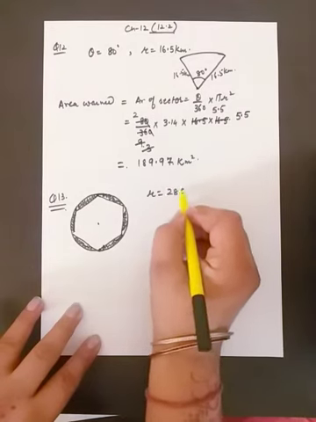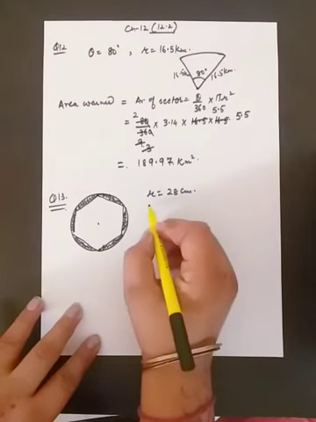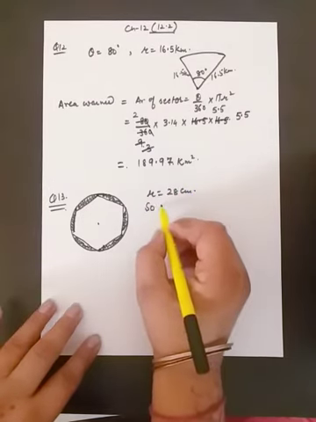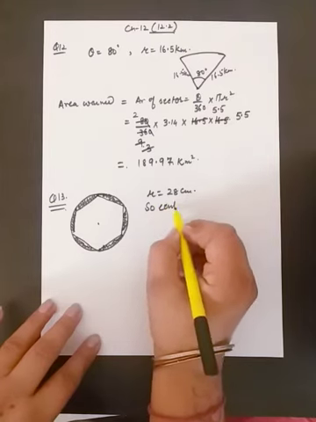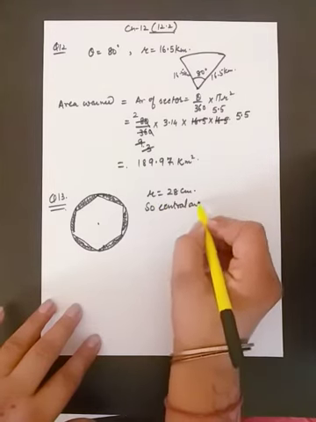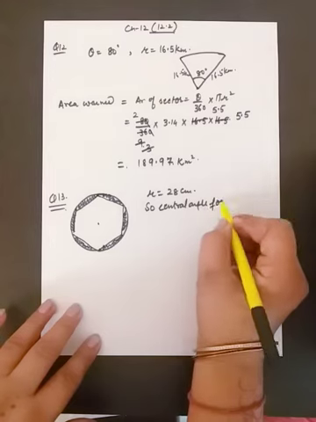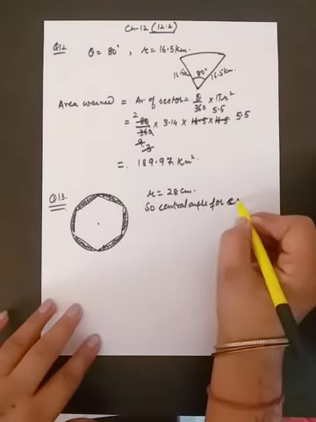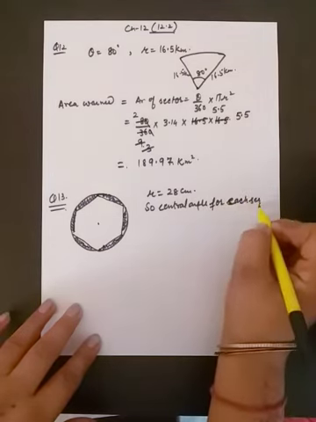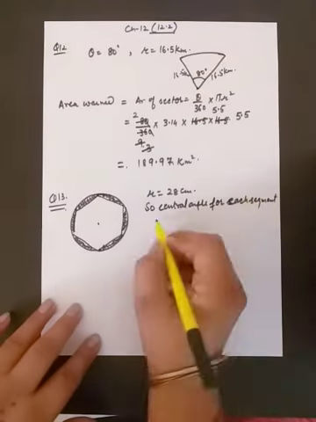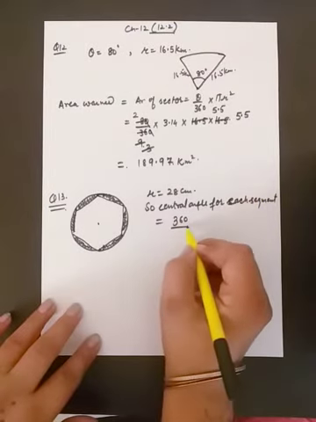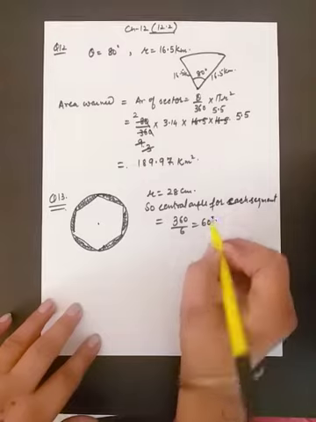Radius is 28 centimeter. So central angle for each sector, or yeah, for each segment, is equal to 360 upon 6, 60 degree.